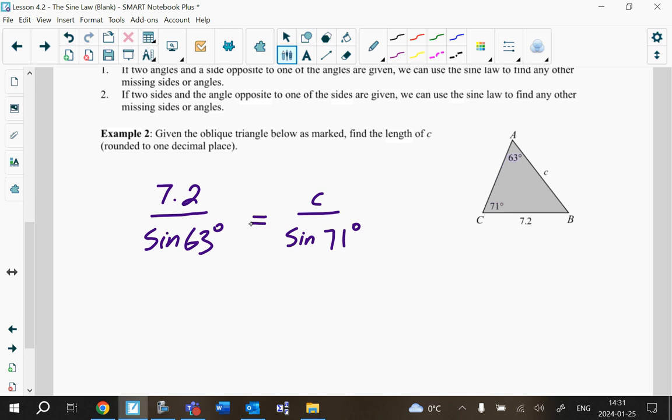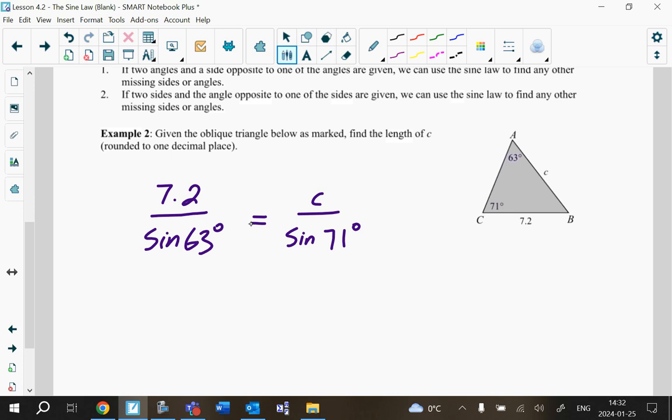Now, we've got ourselves a fraction equation again. And this one, well, technically, to get rid of the fractions, we would have to times both sides by sine 63 to get rid of this, and then times both sides by sine 71 to get rid of the other one. There is a quicker way.